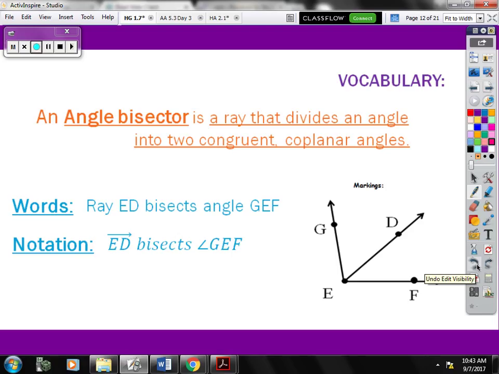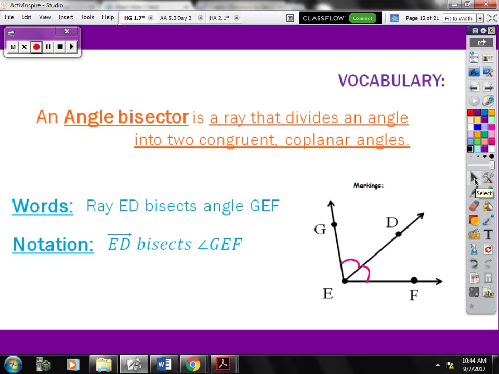Yes. So this whole angle is being cut into 2 congruent angles. So I would put a congruent mark on angle GED and a congruent mark on angle DEF. Okay, this is not necessary to be there, but this is cutting through the middle of the big angle and it's creating 2 congruent angles. So like if I knew the whole thing was 100, each of them is 50 and 50. Or if I know it's 80, they're 40 and 40.